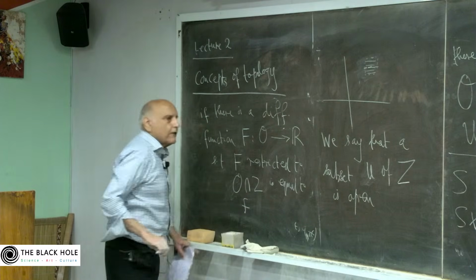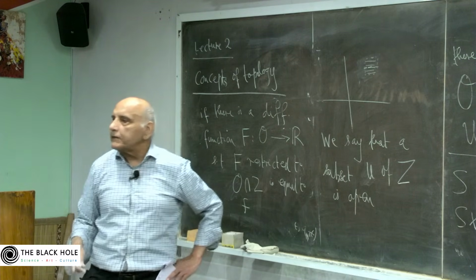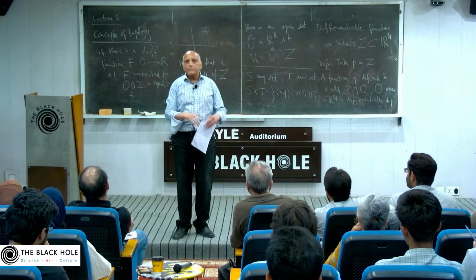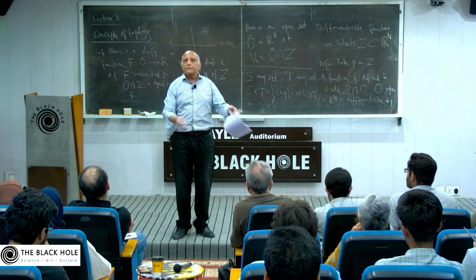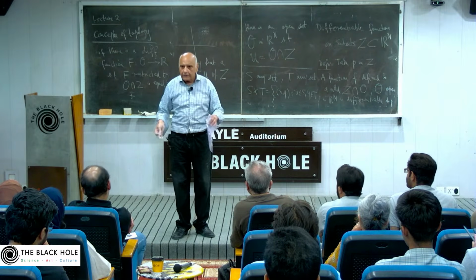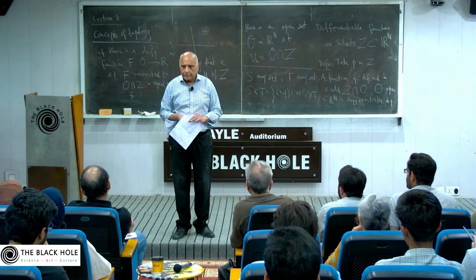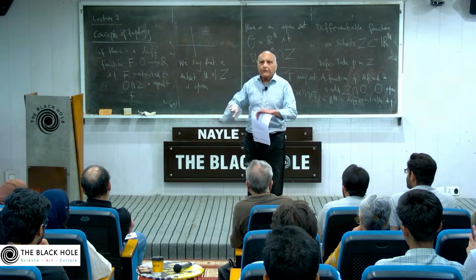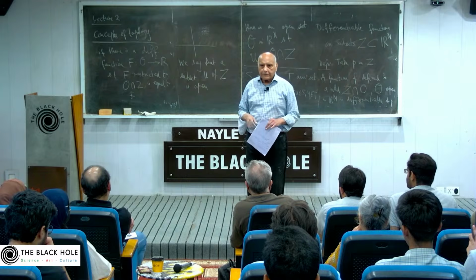Okay. So this is called a function differentiable at a point. And when would a function be differentiable on all of Z? If it is differentiable at every point. Okay. So basically these are restrictions of differentiable functions in the ambient space.